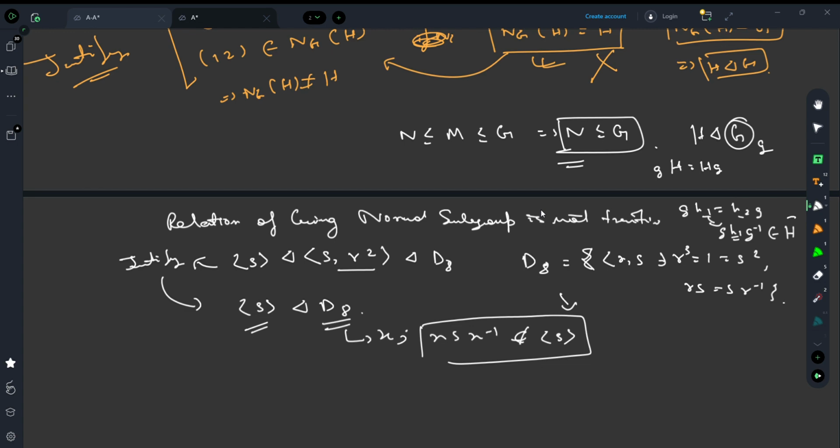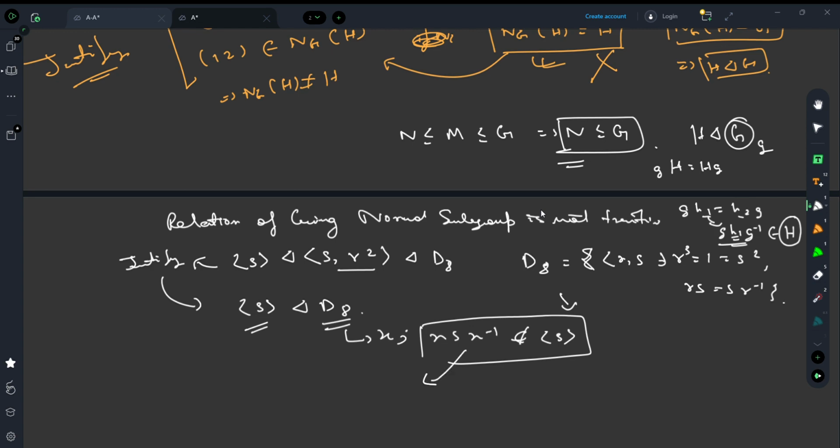So suppose H is a cyclic subgroup, and you consider this statement for the generator of the cyclic group, then what is happening for the generator will also hold for every element of the group, because every element is just some combination of the generator.